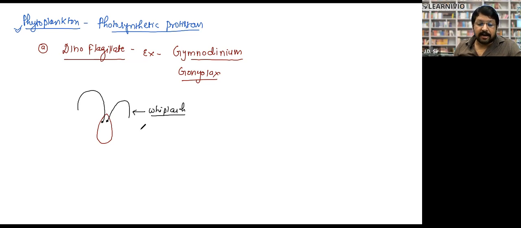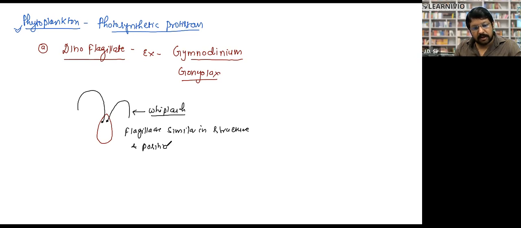So when two flagella are similar in structure and position, this kind of flagella is called isokont flagella.